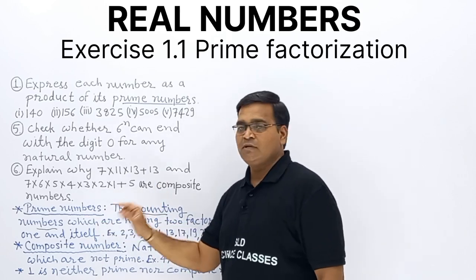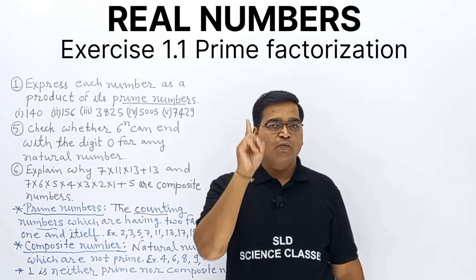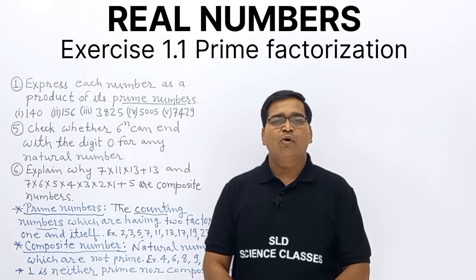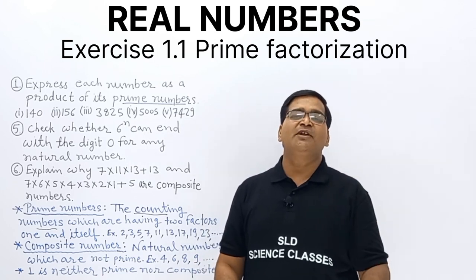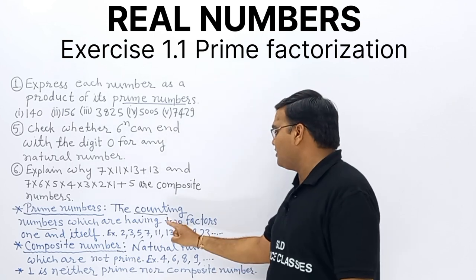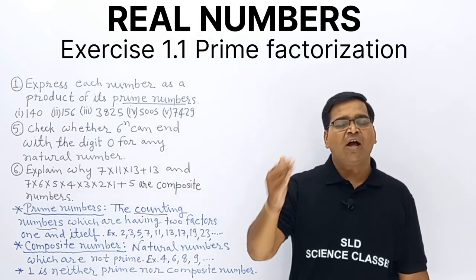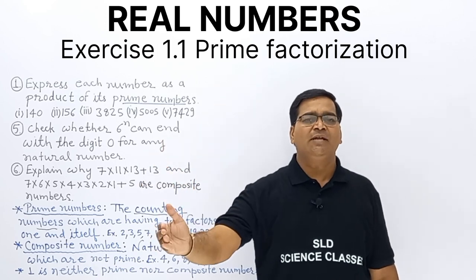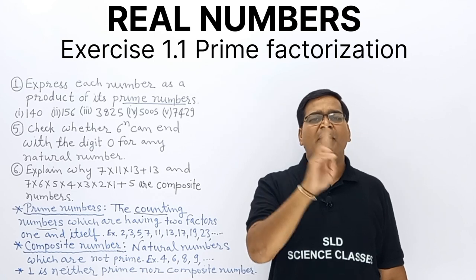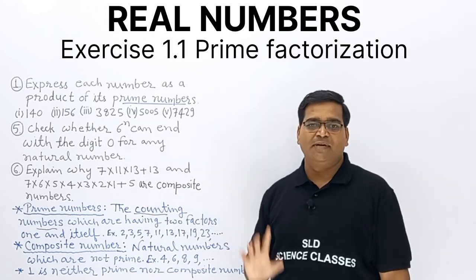So prime numbers are counting numbers which are having 2 factors, 1 and itself. Those natural numbers which are having 2 factors, 1 and itself, are called prime numbers.